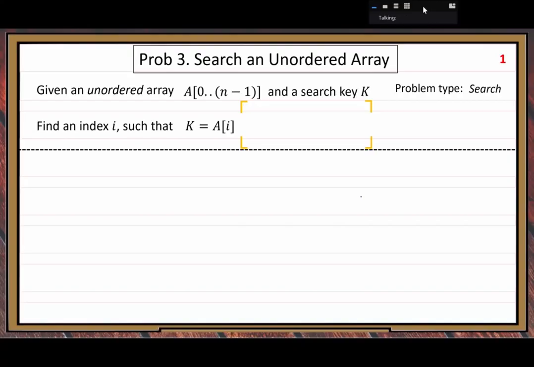First one, search. Second one, sort. Third one, selection. The data structure we use in this question is a simple array. Array is a simple data structure. And the reference is section 2.1.